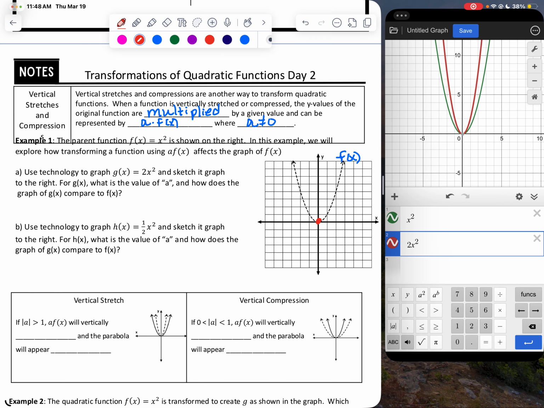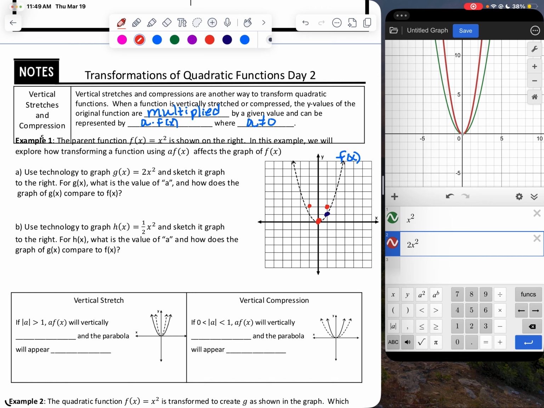On our parent function, we went up 1 and over 1 to our first point. When we stretched the y values by a factor of 2, the y value of 1 is going to be multiplied by 2, which means on our new function we'll have a point at 1, 2. And then we need a point on the other side.